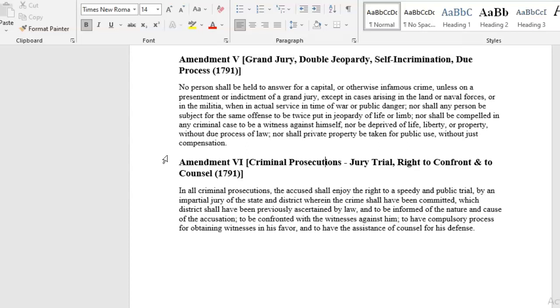But that's not what the Constitution says, because we're reading it right here. This is straight out of the Constitution. This is exactly what it says. And it says, nor shall private property be taken for public use without just compensation. And it happens all the time. Also, due process. Property is taken without due process. These are direct violations of the Fifth Amendment.